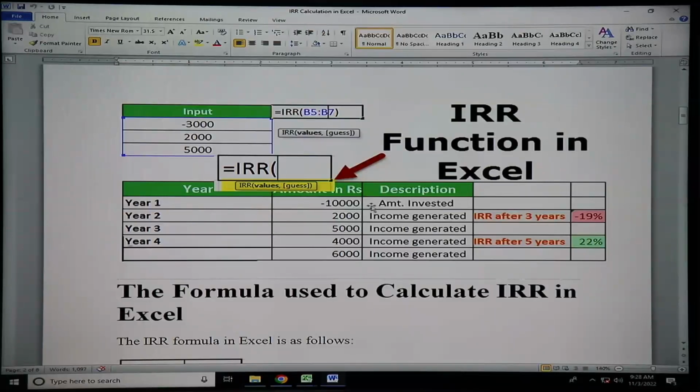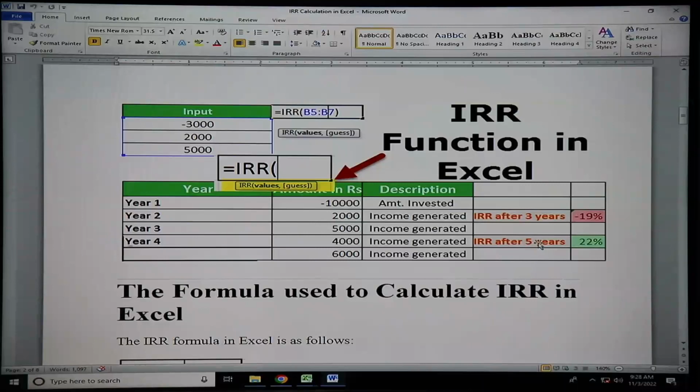So year one, we are given this, that is, as it was 10,000, the year two, year three. This is the amount invested. This is the income generated for the second year, income generated for this year. So the internal rate of return after the third year will be this.